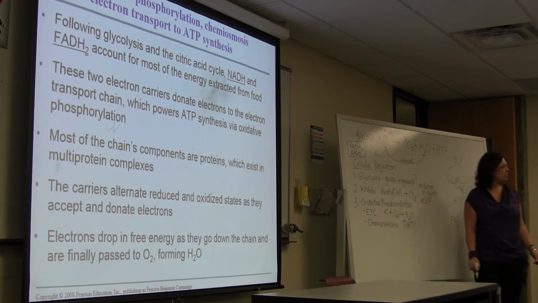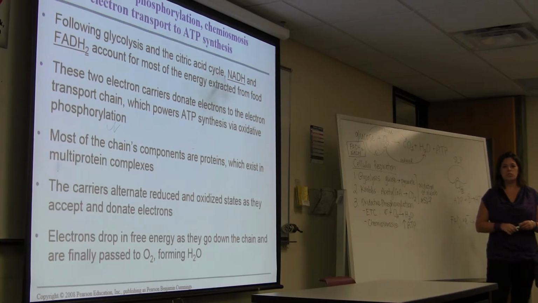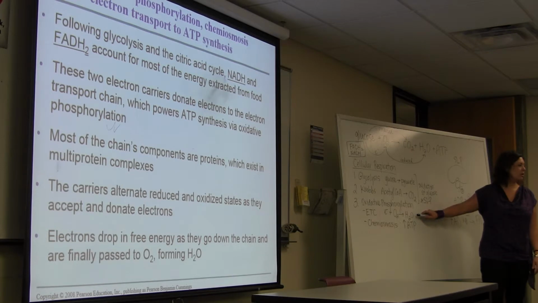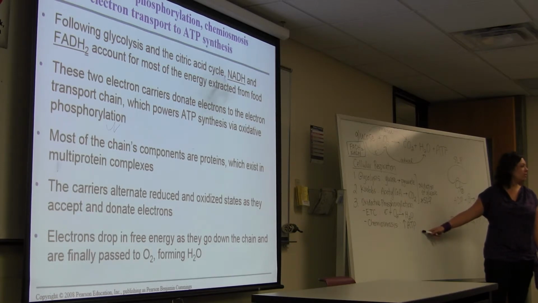The definition of chemiosmosis is to use a gradient in order to provide energy or to power some sort of process. I don't want to get too ahead of ourselves, but these two actually work together in order to generate water and then most of your ATP.